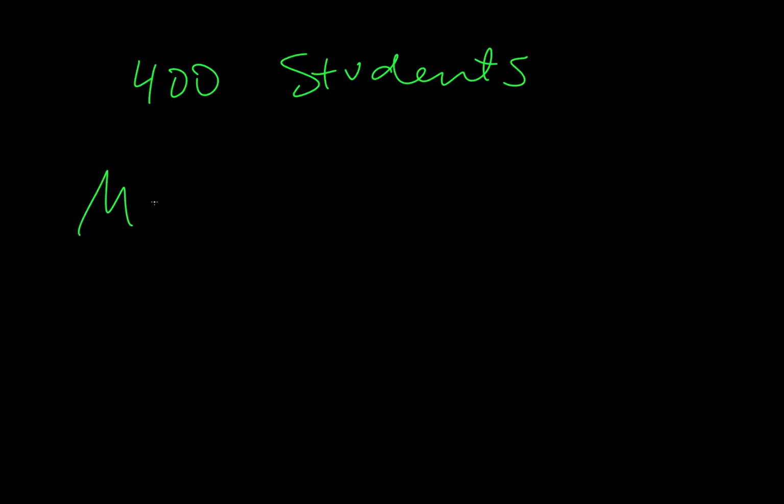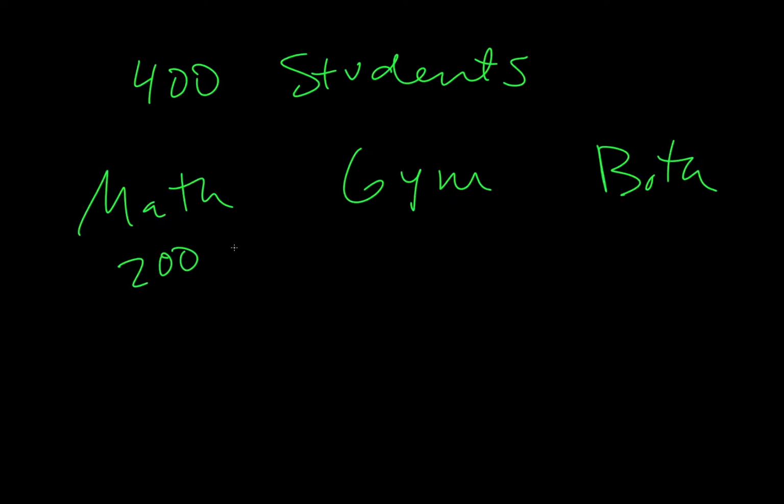So let's say there are 400 students, and all students take math and gym, or both. 200 students take math, and 250 take gym. How many students take both?